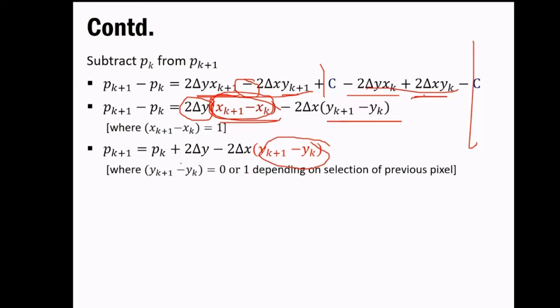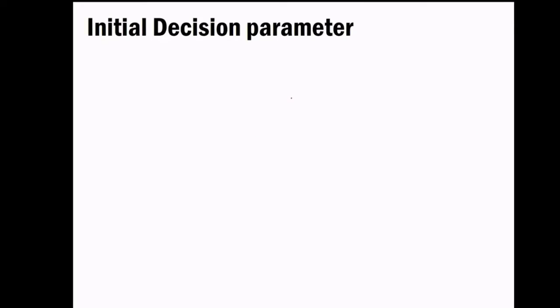So this is the decision parameter that we got, that is pk plus 2 delta y minus 2 delta x. Based on the scenario that we will be using, we'll see this. This is the decision parameter to choose from the candidate pixels that we would be having at the intermediate stage.